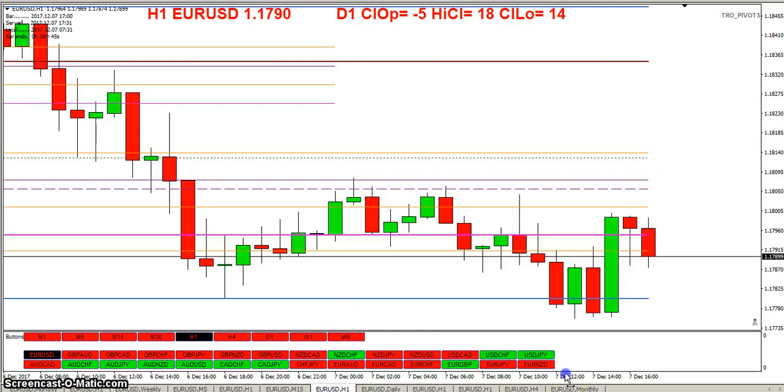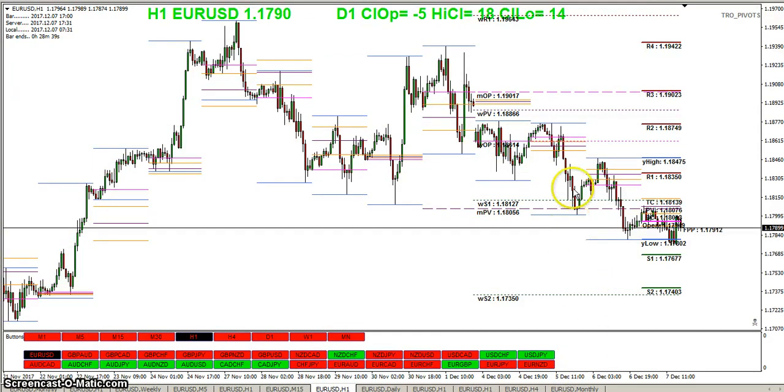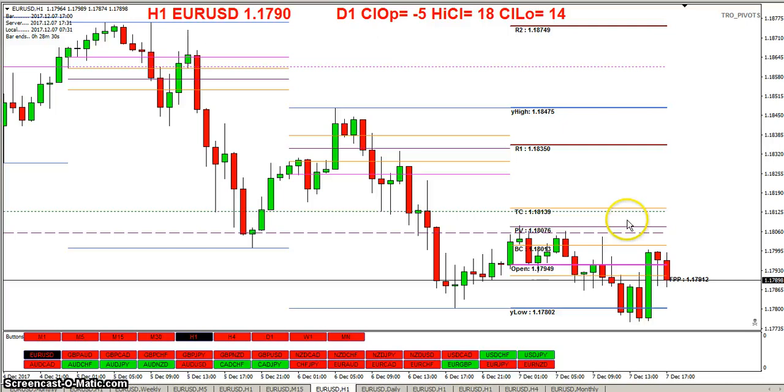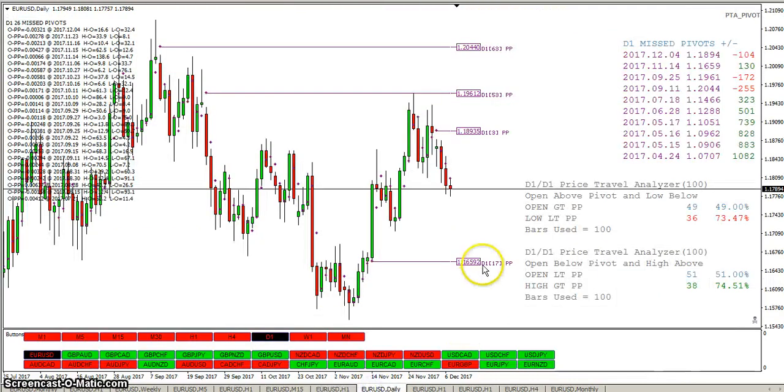Here we've got the pivot lines. There's so many. You know, if you want to use the monthly and the weekly and the daily all on the same chart, or if you're using the daily only, you've got the mid pivots, etc. But once again, you just trade when the price crosses the horizontal line, and you trade with the candle color. Don't trade against it, especially the 1 hour.